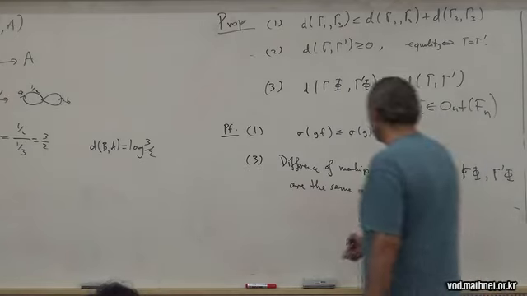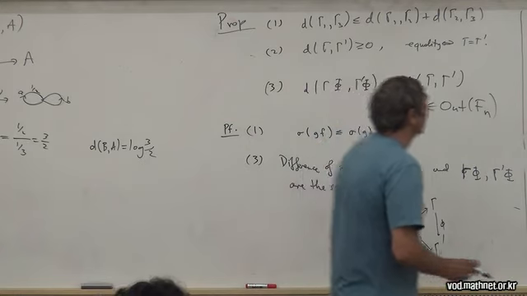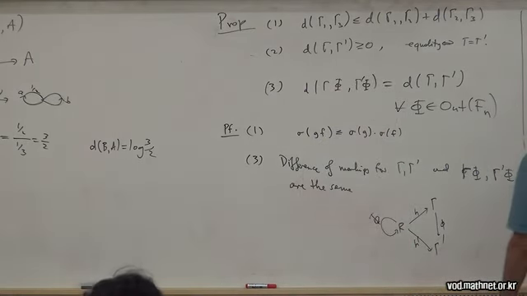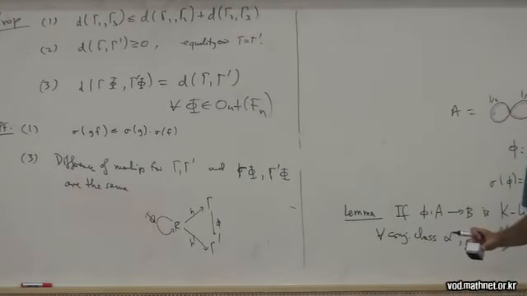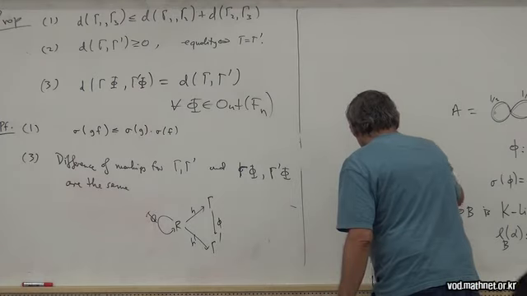Okay, what about number 2? Well, what would it mean to say that the distance is negative? How can the distance be negative?